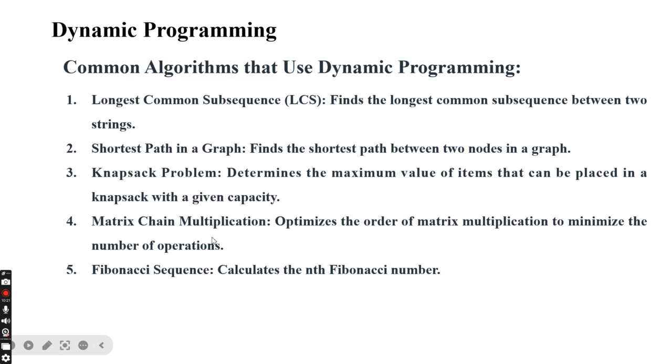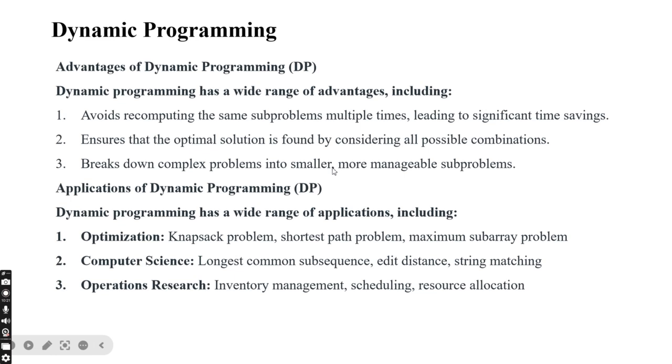Matrix chain multiplication: optimizing the order of matrix multiplication to minimize the number of operations. And the Fibonacci series: calculating the nth Fibonacci number, which we have just seen using dynamic programming. These are the various examples and applications of dynamic programming.